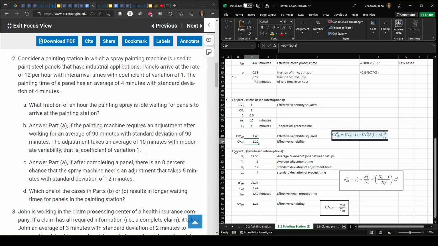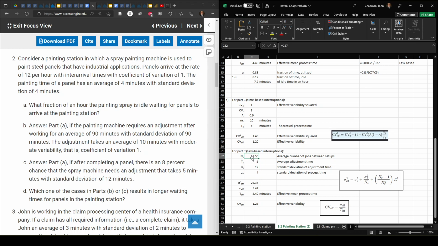For part C, we're doing strictly a task-based interruption, so we have different formulas to calculate the effective variability. We need this information to calculate this squared standard deviation. And then we take the square root of that divided by the effective process time to find the coefficient of variation for the effective variability.